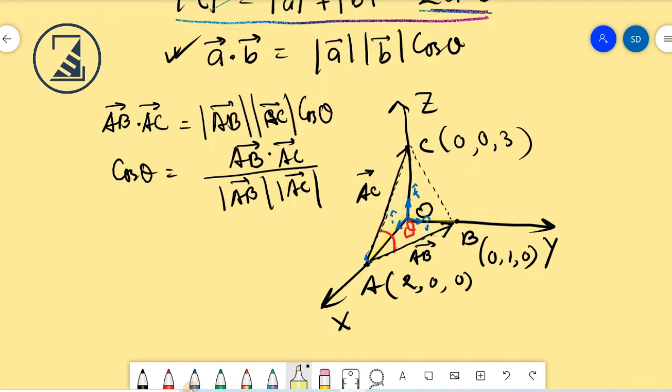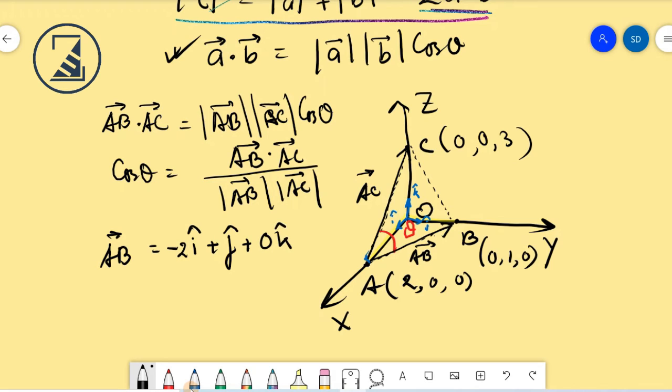I'm covering a distance of 2 units, and from O to B I am covering a distance of 1 unit. But while I am going from A to O, I am covering a distance in the opposite direction of I cap. So I will write AB vector as minus 2 I cap plus 1 j cap and 0 k cap.